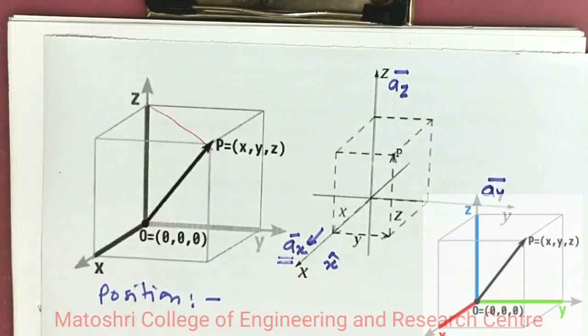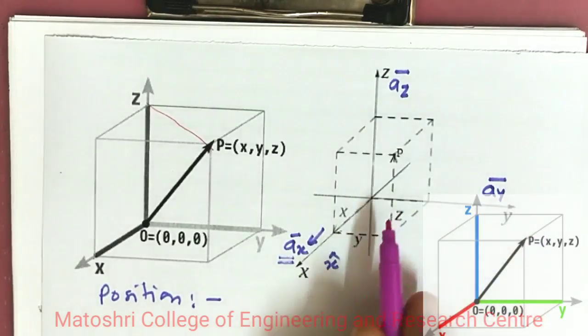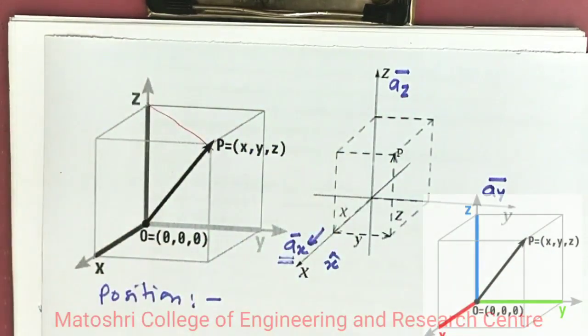So basically a unit vector is used to indicate the direction, and for all the axes you are able to draw a unit vector, which is directed in the direction of increasing coordinate. So ax is the unit vector along the x axis. It is directed in the direction of increasing x coordinate. ay is in the increasing y direction, and az is in the direction where the z coordinate increases.